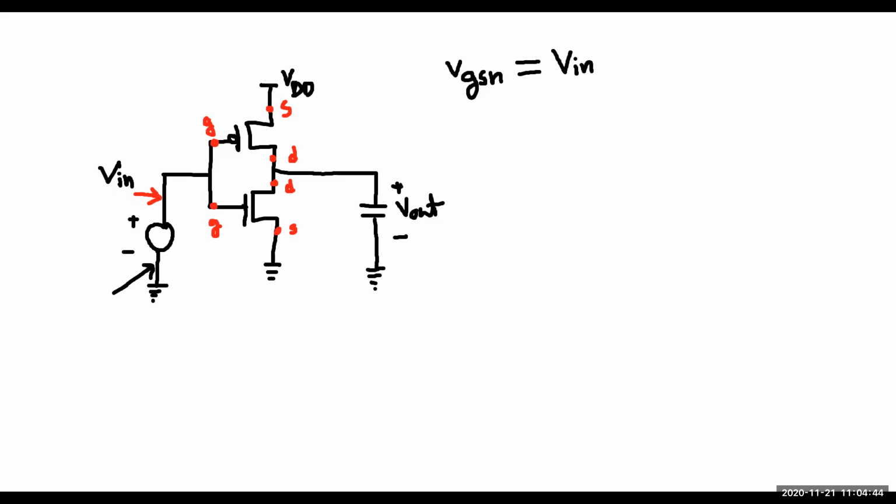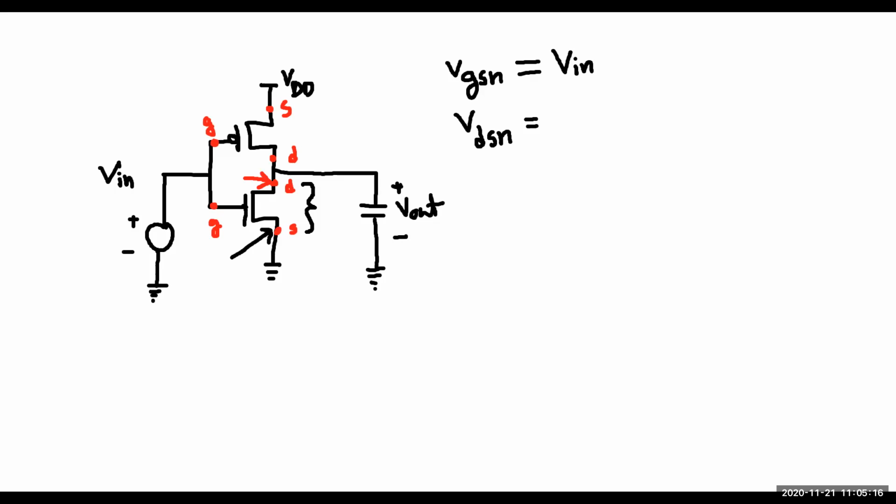Now I want to measure the output side. If I measure a voltage from this point to this point, I am measuring the voltage between drain and source. So can I write VDSN equal to what?